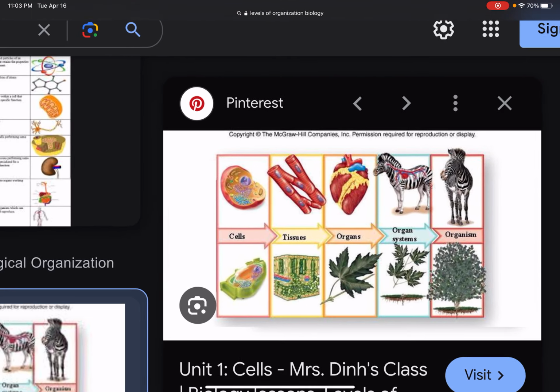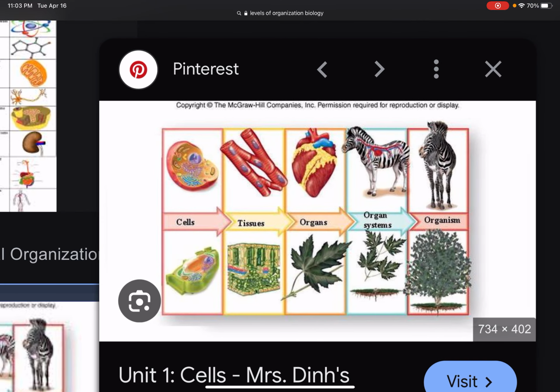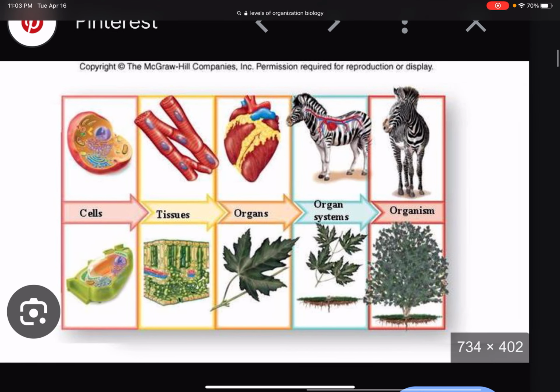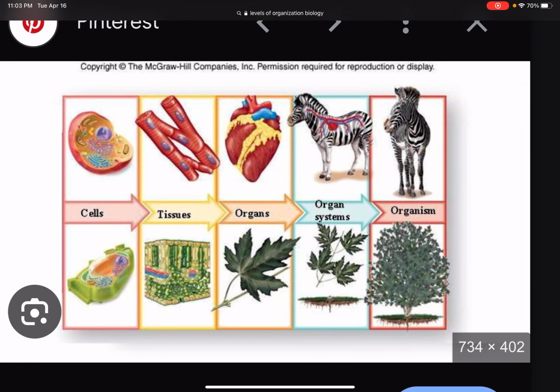I think this would do. The most basic unit of life is called a cell, and they constitute body tissues, and these tissues constitute organs.